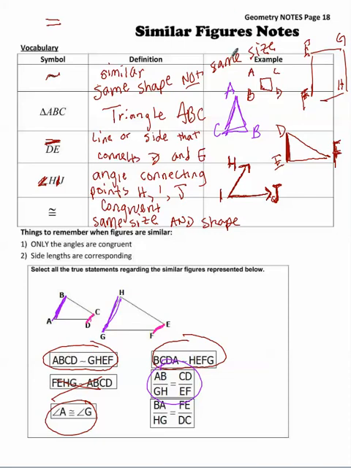So you notice that they started with FE, and then when they went to the other shape, they went from bottom to up as well. Okay, so it's all about order when dealing with similar figures. Let's go ahead and look at the next page.